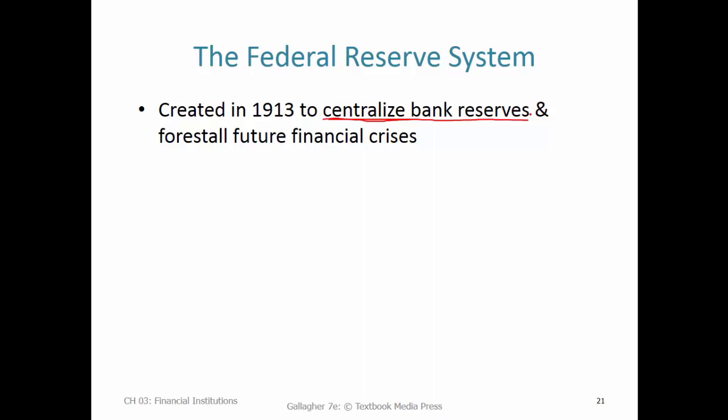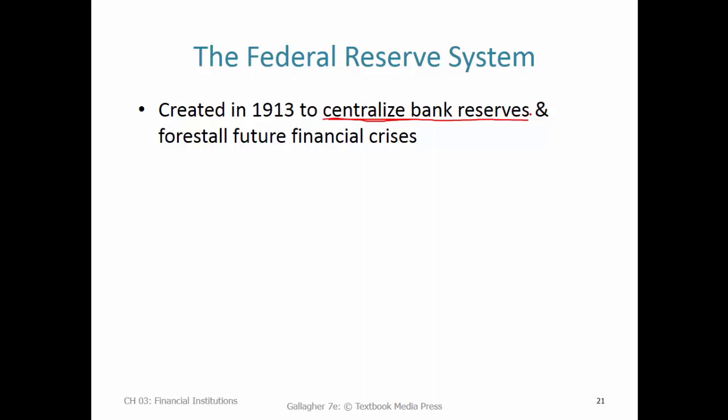The Fed would step in as a lender of last resort, and that was supposed to forestall future financial crises. Of course, we've had major financial crises since then: in the 1930s with the Great Depression and massive bank failures, in the 1980s with the savings and loan crisis, and then in 2008 with the subprime mortgage crisis.